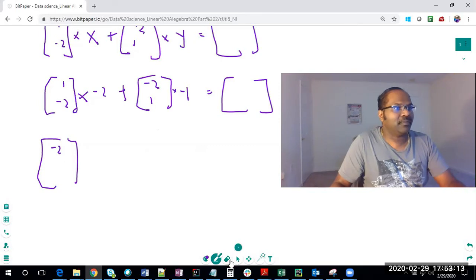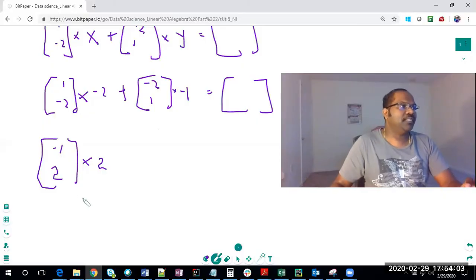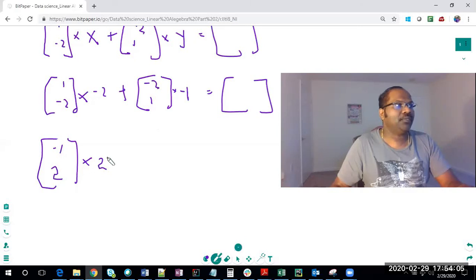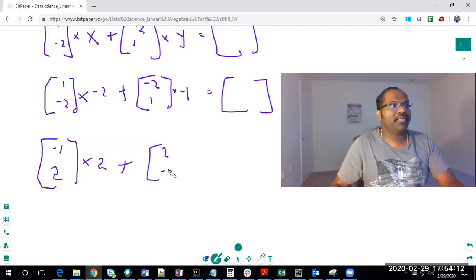If you put the minus inside, what will happen? It will be -1, then 2, into 2. So when we put this value here, it will be -1 and 2, into 2, plus, again for this other vector, 2 and -1, into 1. Then we have a right side coefficient, which is blank right now.